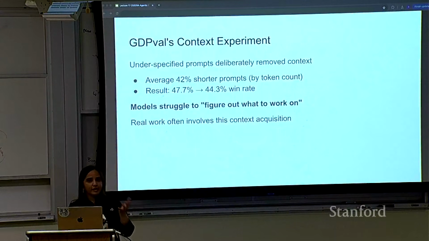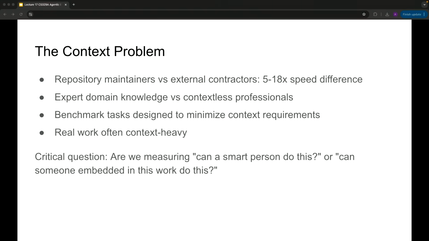So humans are basically architecting what is the set of problems, and then the model can go solve it in certain cases. And this is further exemplified by what we covered before, where if you had a repository maintainer versus an external contractor, the speed at which the repository maintainer is able to solve problems is generally much faster.